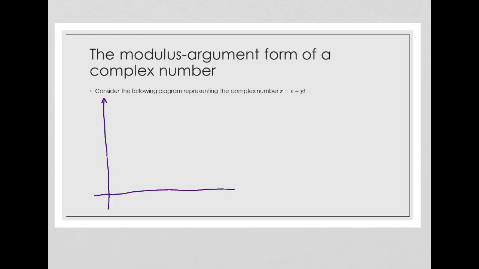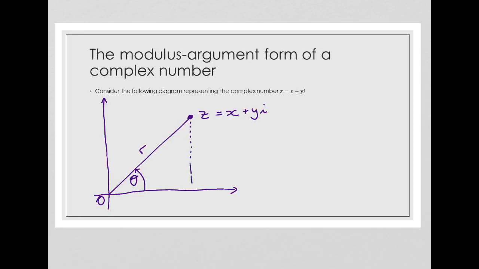We have the y-axis as the imaginary part and the x-axis as our real part, with Z somewhere in this first quadrant. So remember, this is then r, which is the distance from Z to the origin. And then we have theta, which is the angle from the positive x-axis to this line.